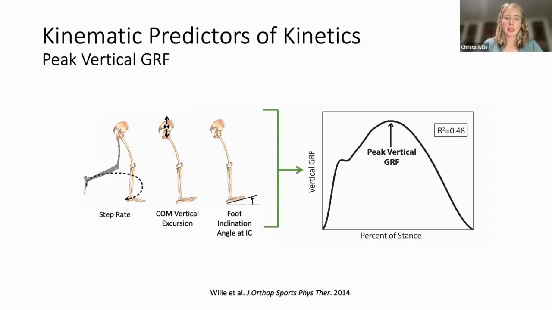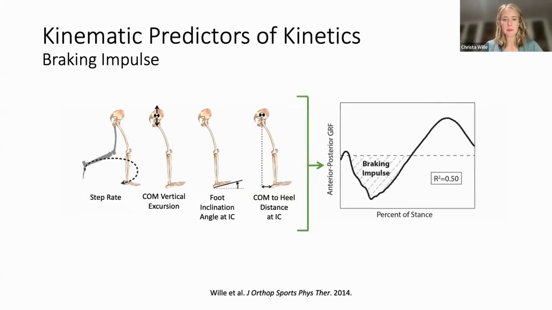Step rate, center of mass vertical excursion, and foot inclination angle did appropriately describe about 50% of the peak vertical ground reaction force values in the runners we looked at in this study. When we looked at braking impulse, again, we see a lot of those similar variables: step rate, center of mass vertical excursion, and then we see two key kinematic variables at initial contact: the foot inclination angle, as well as the heel to center of mass distance at initial contact.